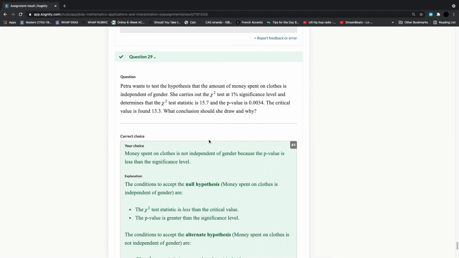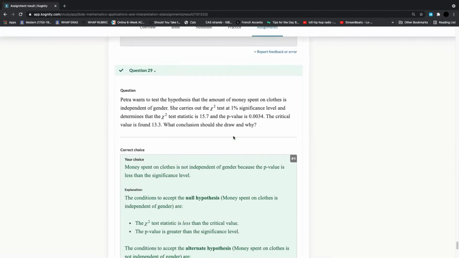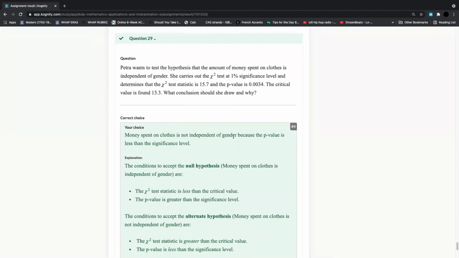Okay, let me just process this real quick. So, 1% significance level, which is 0.01.